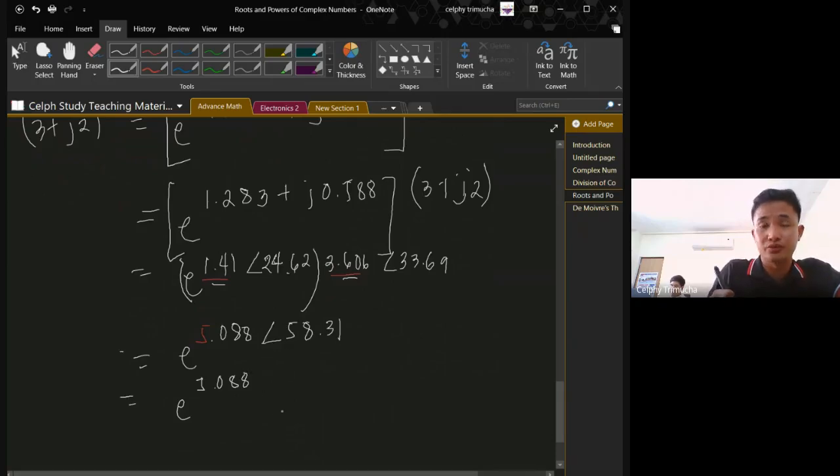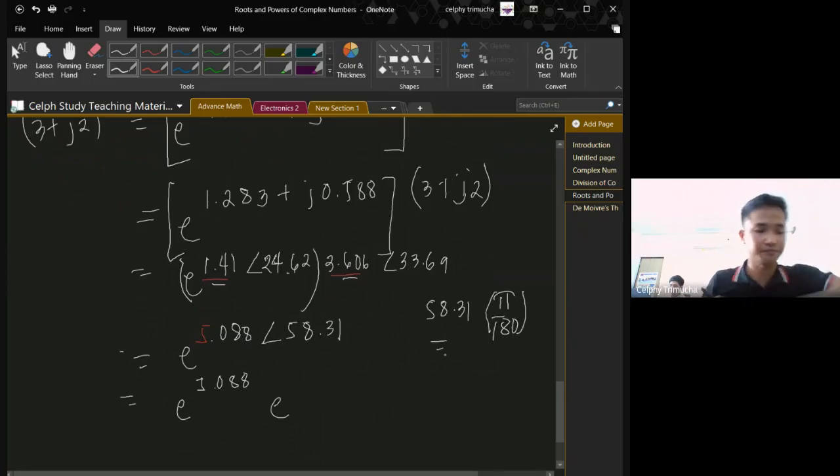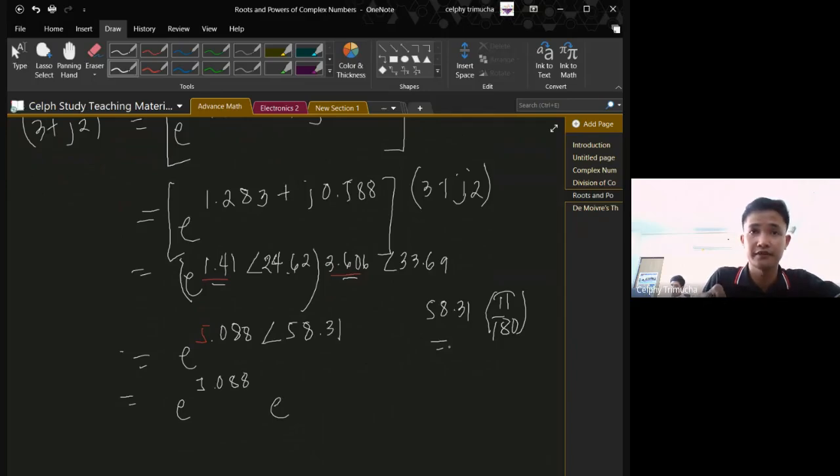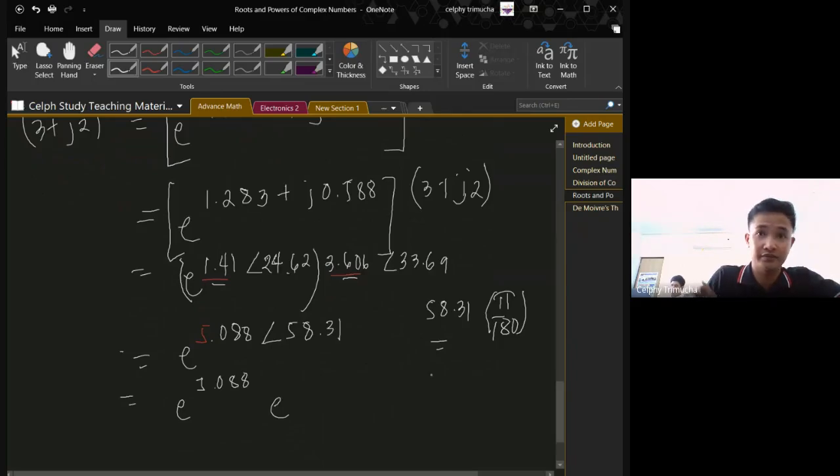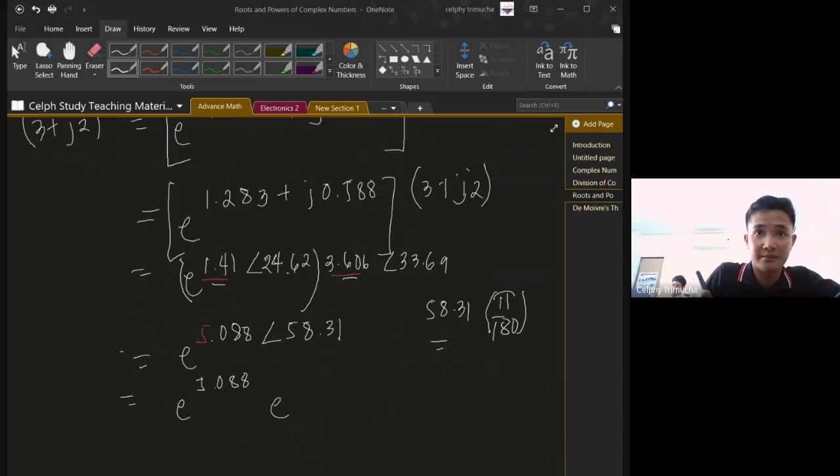So, convert na ni siya into radians nga form. 58.31 times pi over 180.